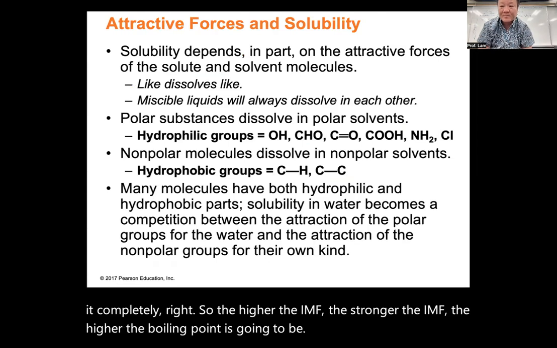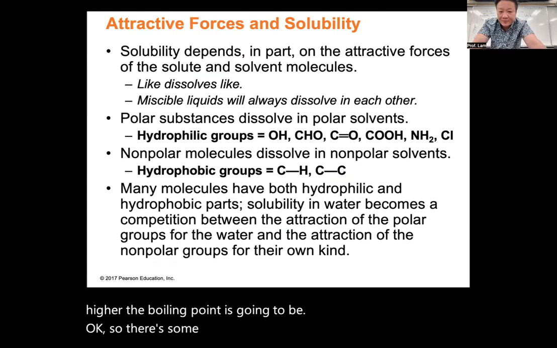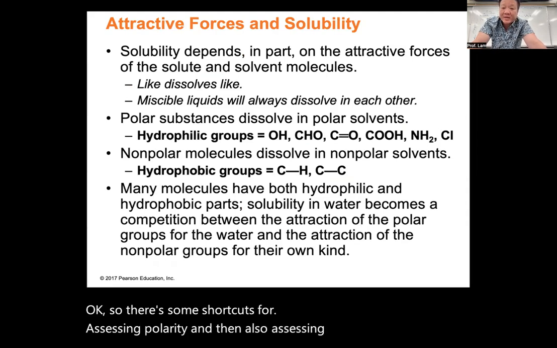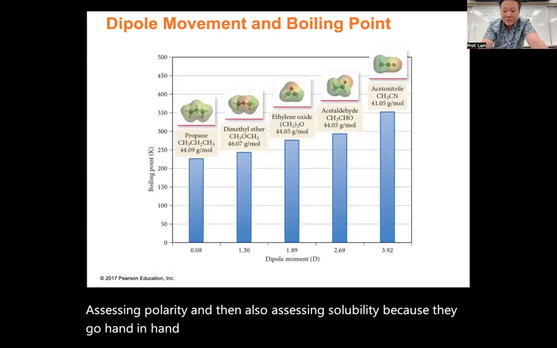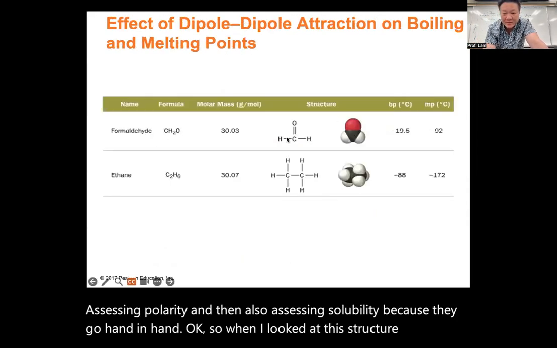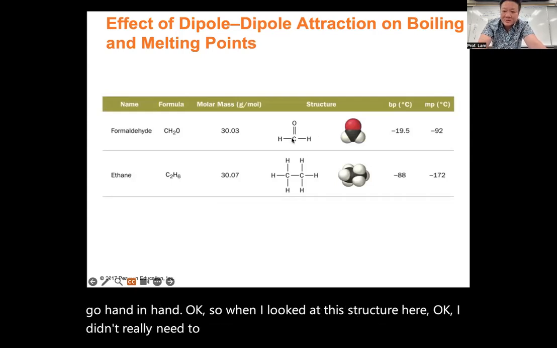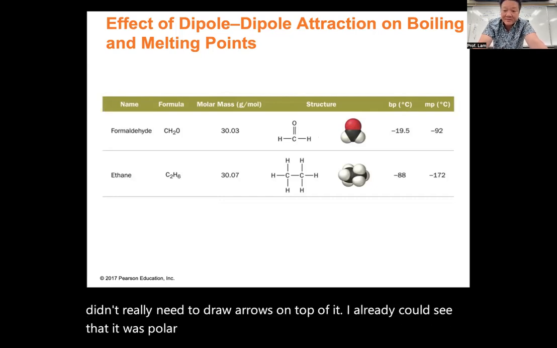Okay, so there are some shortcuts for assessing polarity and also assessing solubility because they go hand in hand. When I looked at this structure here, I didn't really need to draw arrows on top of it. I already could see that it was polar because I'm trained to see that, right?